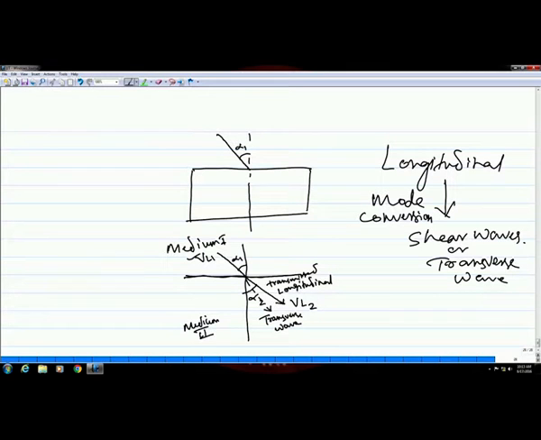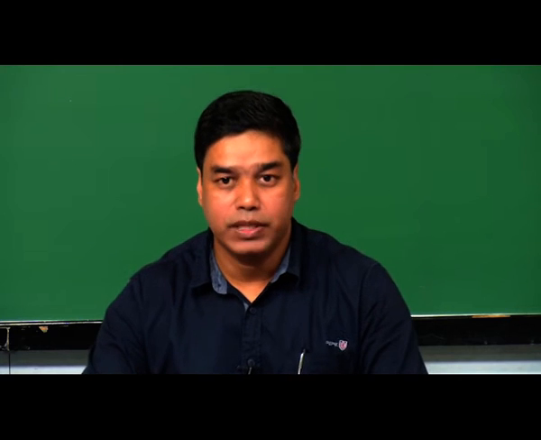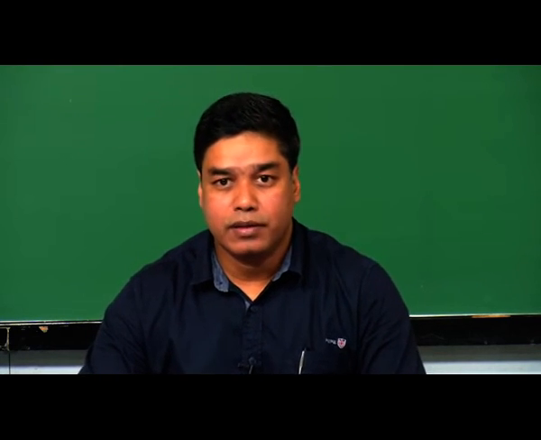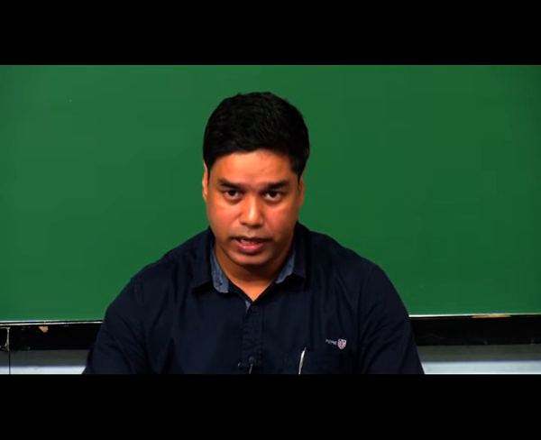Okay. So, when you are using an angle for doing the test, that means because of this mode conversion, two kinds of waves will enter the sample, longitudinal wave and shear wave.